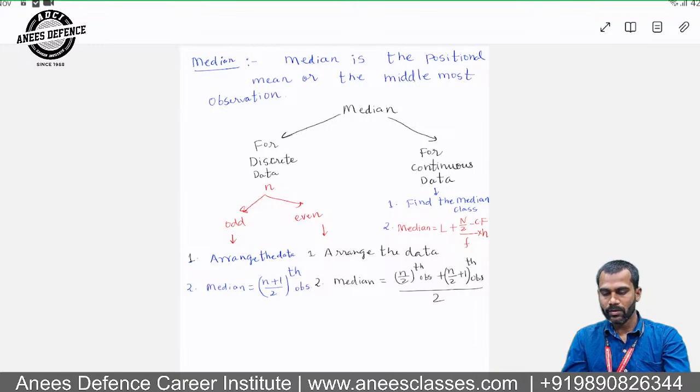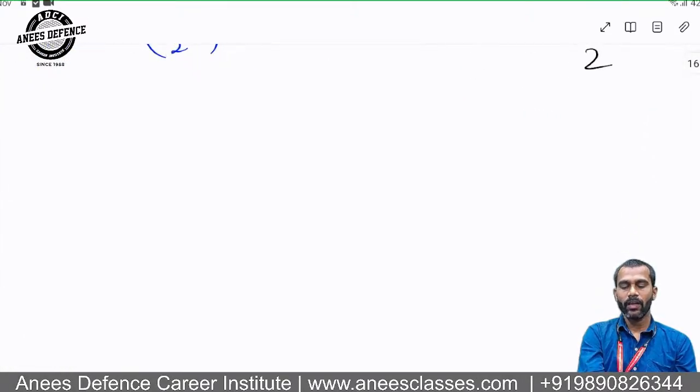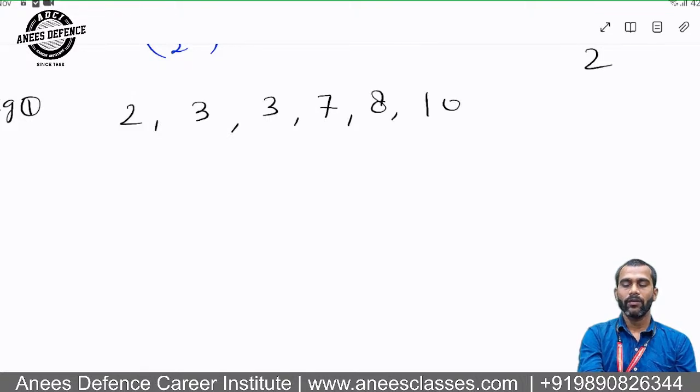We'll take some examples. Example number 1: suppose we have xi as 2, 3, 3, 7, 8, 10, 15. Find the median.